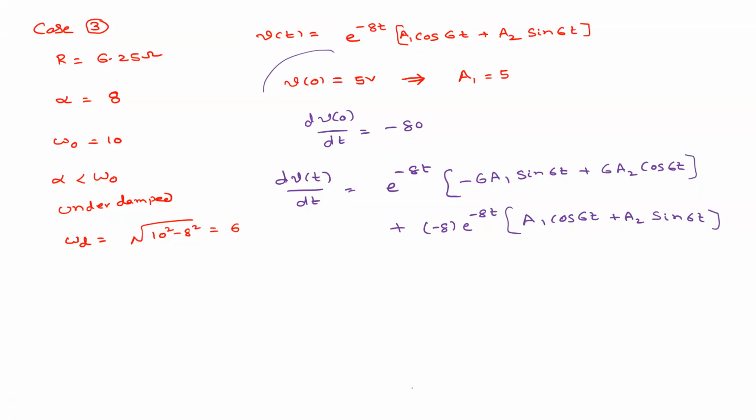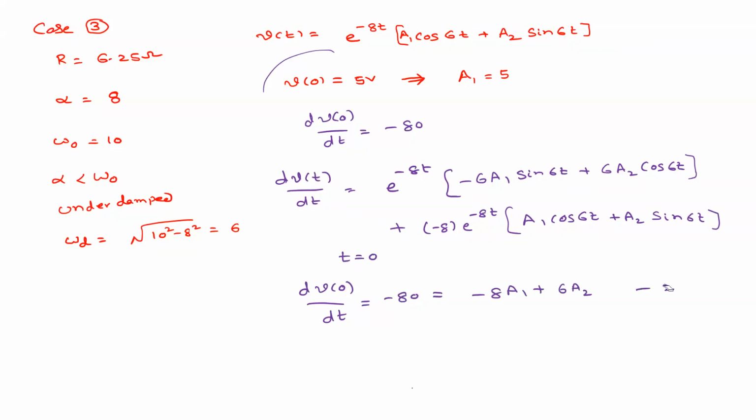Understood? So substitute t equal to 0. So dv of 0 by dt is equal to minus 80. What is its value? Minus 8a1 plus 6a2. Just check it out. So this is the second equation.